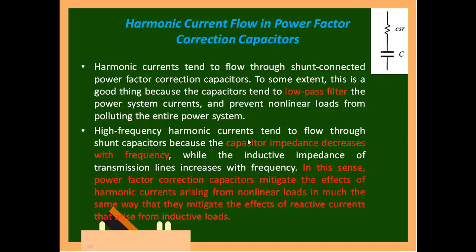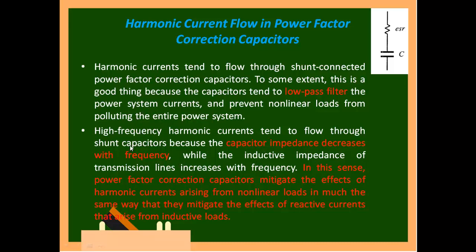High frequency harmonic current tends to flow through shunt capacitor because capacitor impedance decreases with frequency, while the inductive impedance of the transmission line increases with frequency. So with an inductive impedance, if the frequency increases the impedance will increase, whereas in capacitance it will decrease.